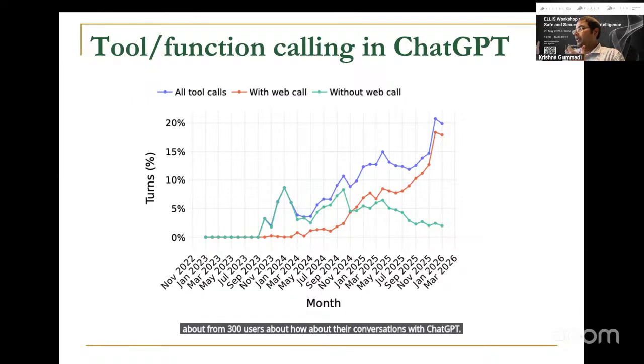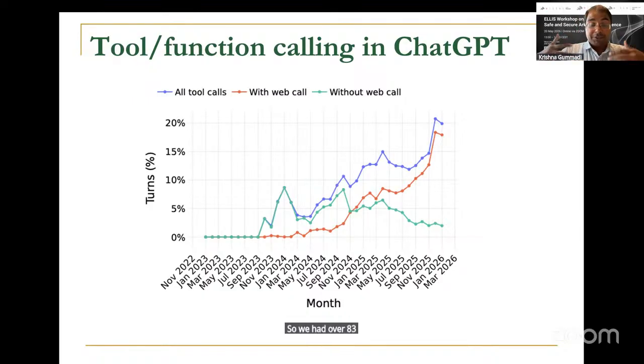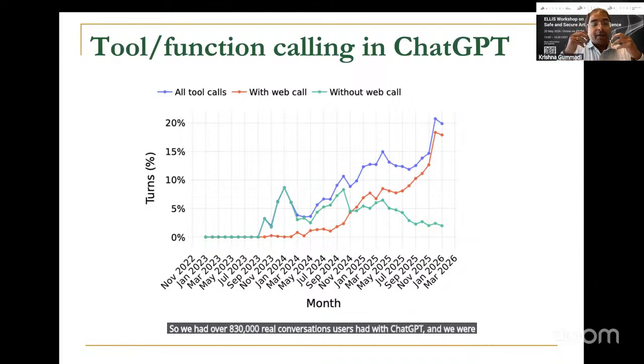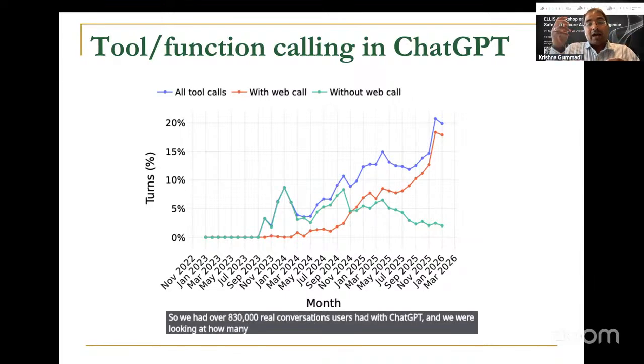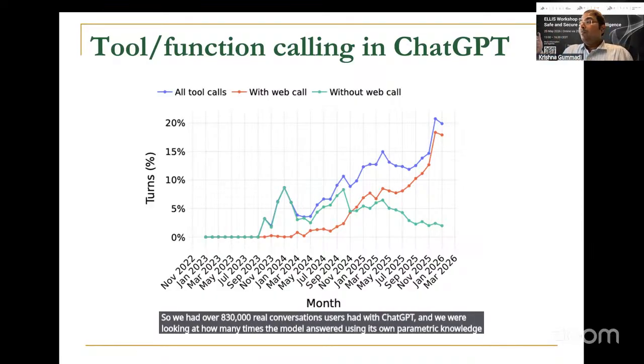So we had over 830,000 real conversations users had with ChatGPT, and we were looking at how many times the model answered using its own parametric knowledge versus in how many cases did it resort to calling some tool in the backend before it gave the final answer.